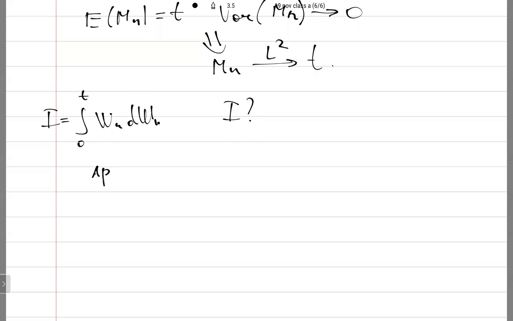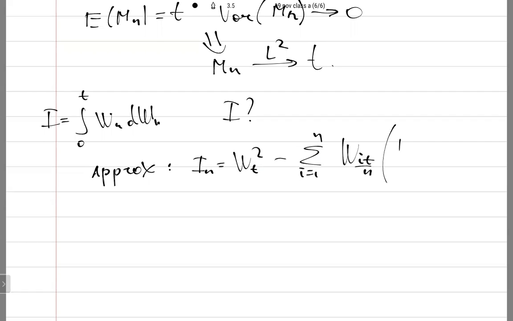Our approximation was In, which is Wt squared minus the sum, i from 1 to n, of W(i t over n) times (W(i t over n) minus W((i minus 1) t over n)). We need to calculate the limit in L2.